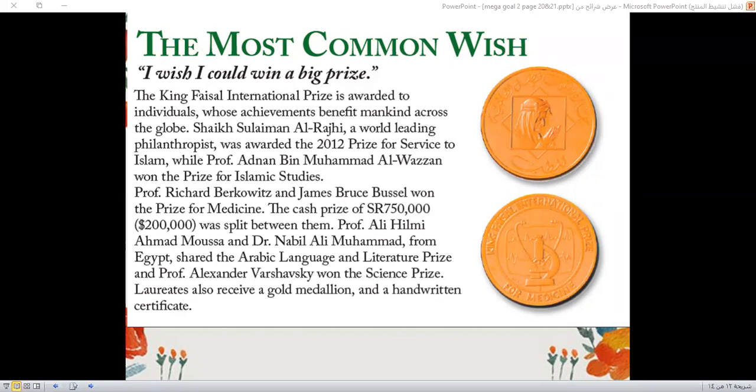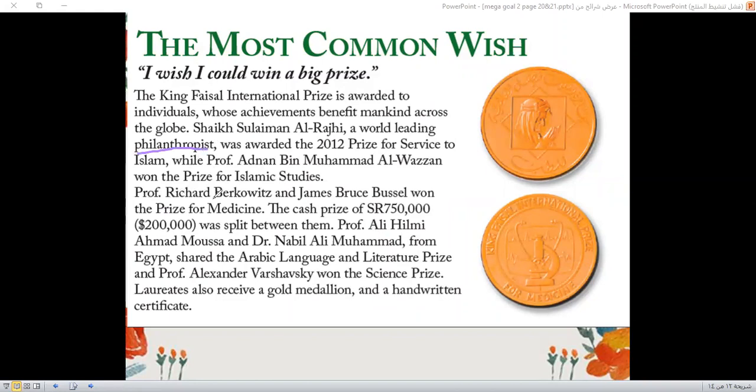I could win a big prize. International prize is awarded to individuals whose achievements benefit mankind across the globe. Sheikh Suleiman Al-Rajhi, a world-leading philanthropist, was awarded the 2012 prize for service to Islam, while Professor Adnan bin Muhammad Al-Wazan won the prize for Islamic Studies.